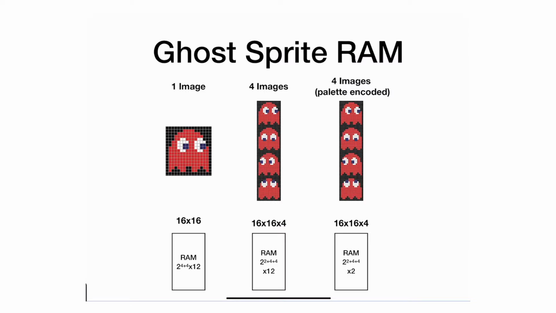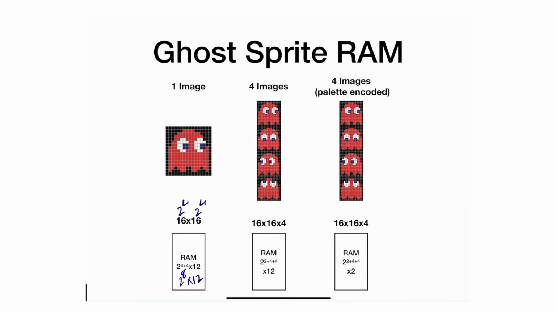If we have one image, like what we did in the mouse sprite, in the ghost case it's 16 by 16, and since 16 by 16 are already multiples of 2, I don't need to expand them. For the 16, I need 2 to the power 4, for the other 16, I need 2 to the power 4, so technically I need 2 to the power 8 times 12, because I'm coding every pixel with 12 bits.